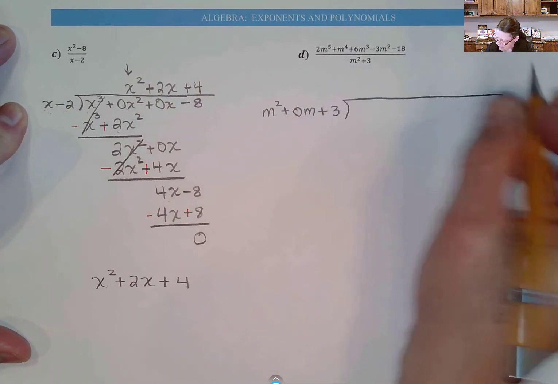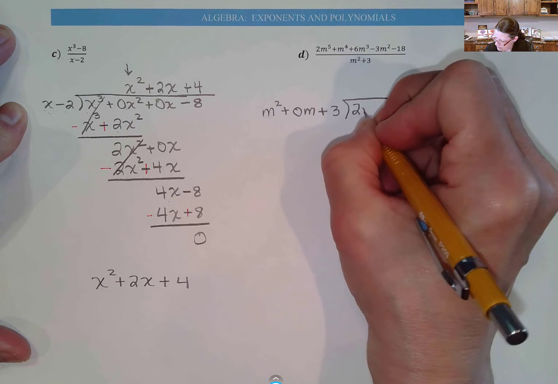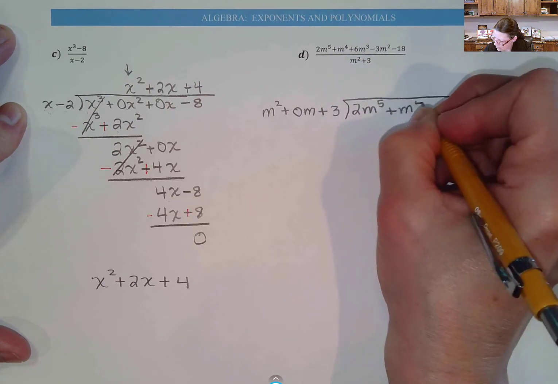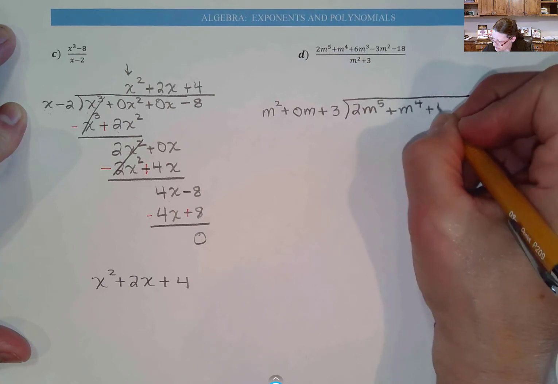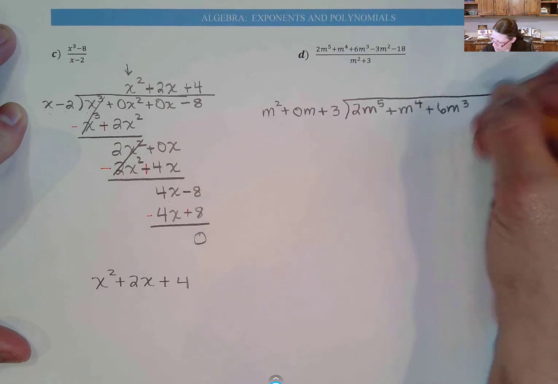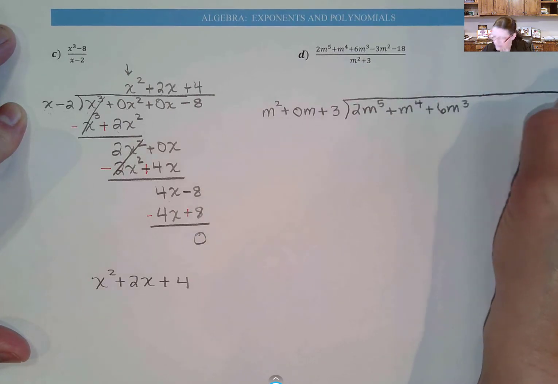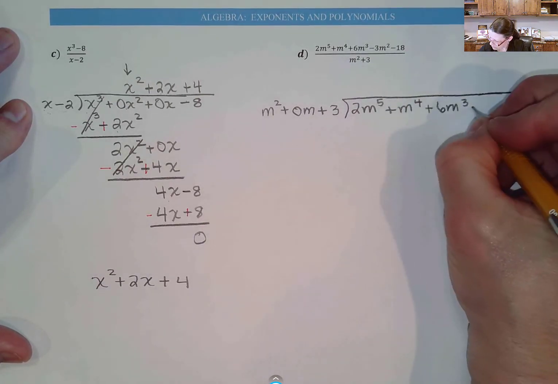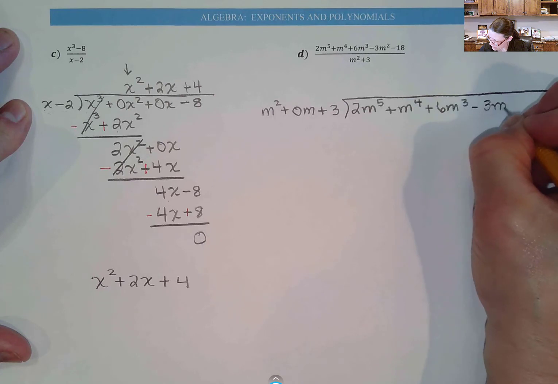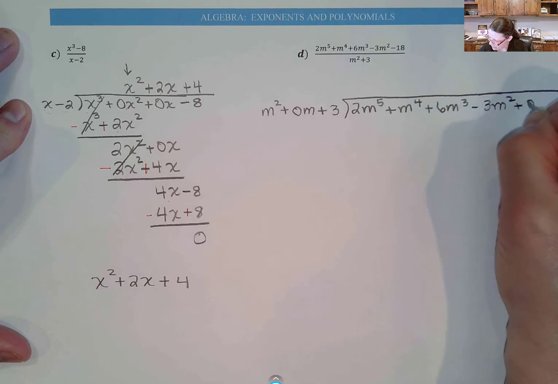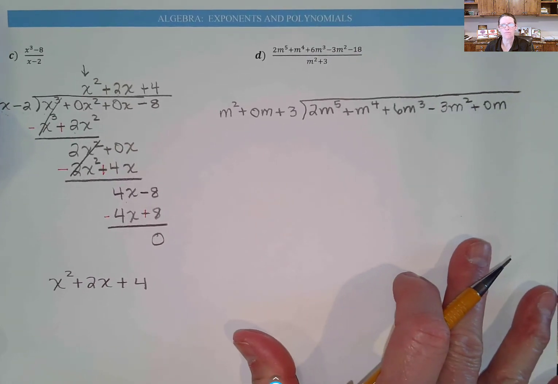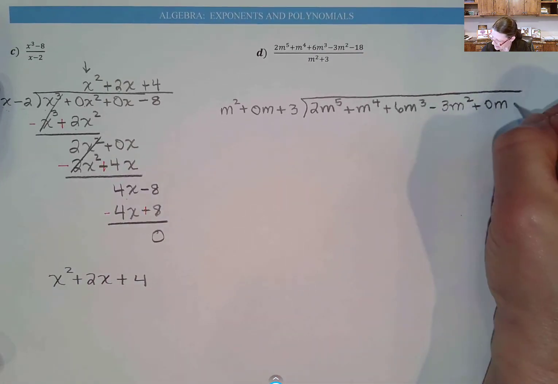Divide that into 2m to the 5th plus m to the fourth plus 6m to the third. It's important to write your problems as neatly as possible. We've got also minus 3m squared plus 0m. There's our placeholder. Let me slide this over. Minus 18.